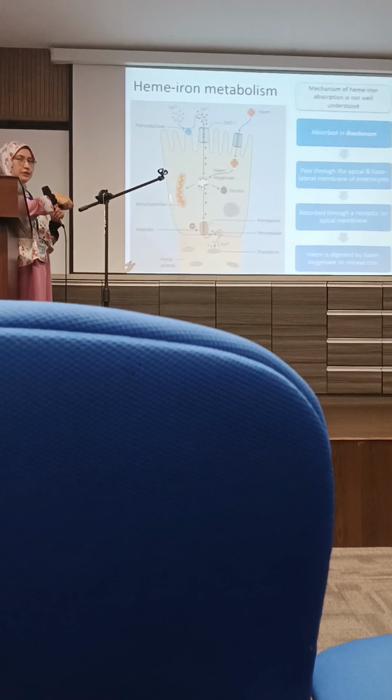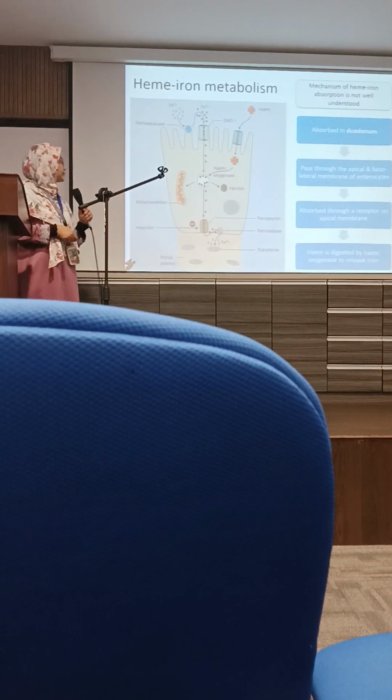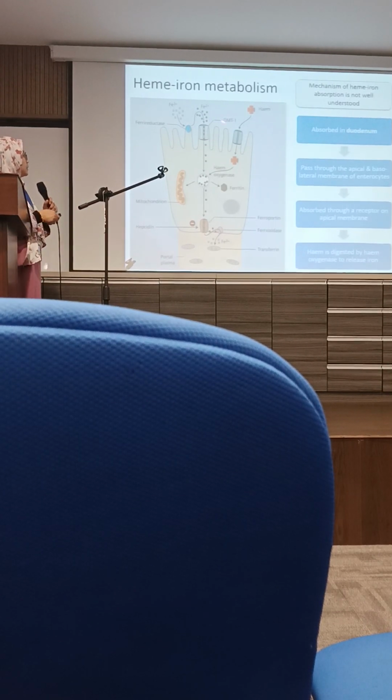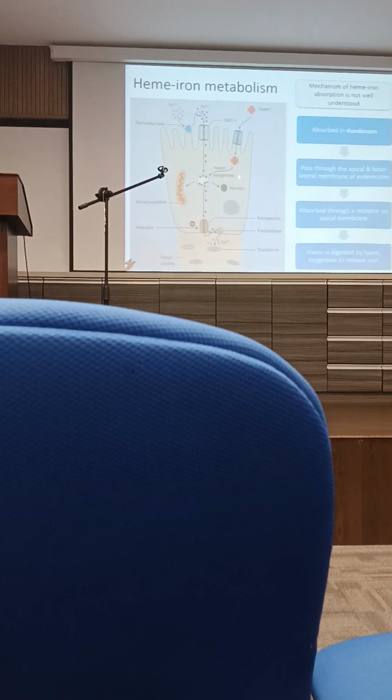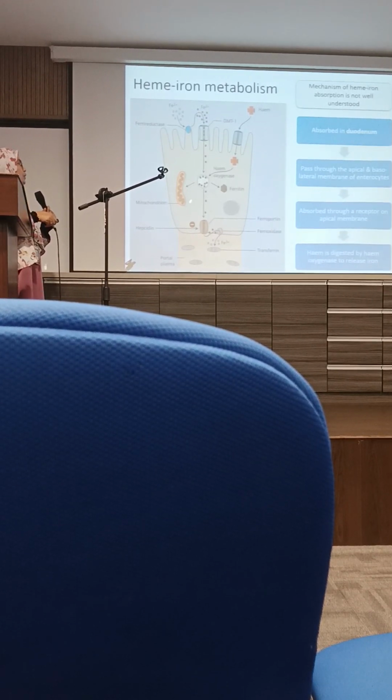This is the enterocyte, the mucosal lining in your duodenum. It is absorbed through a receptor at the apical membrane, known as DMT1, and it is then digested by heme oxygenase, and some will be transported to the plasma, some will be stored as ferritin in your epithelium. So if the epithelium sheds, you will lose your iron from the ferritin that is stored there.